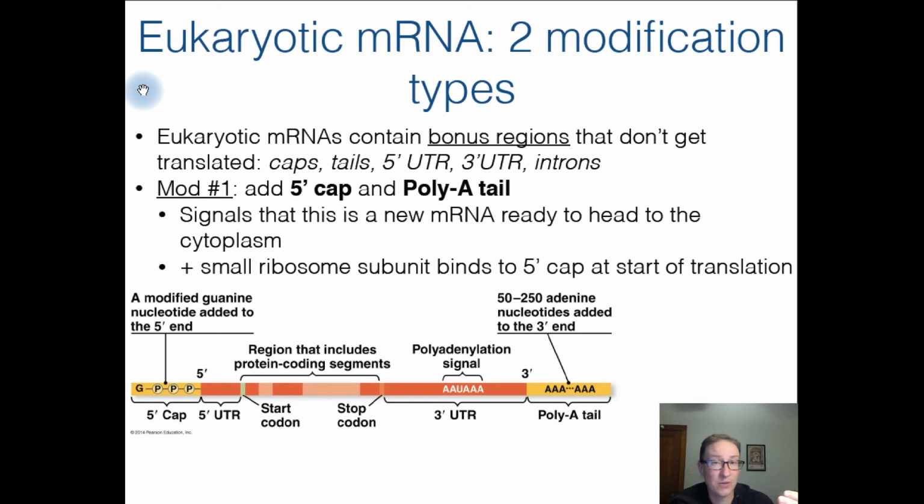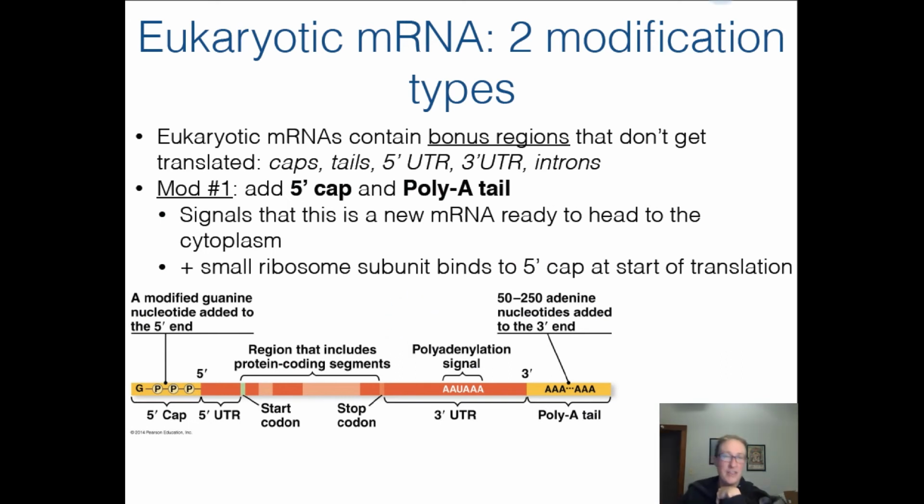That includes a cap, what's called the 5' cap, a tail, what's called the poly A tail, and there are also regions referred to as the 5' untranslated region and the 3' untranslated region. And then on top of that, there will also be introns that don't get translated.